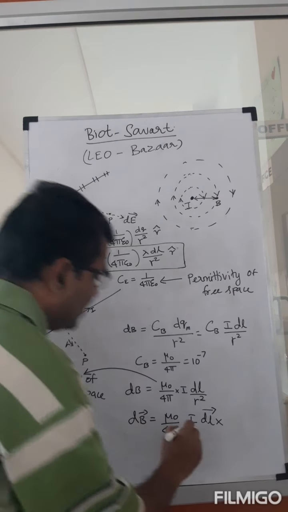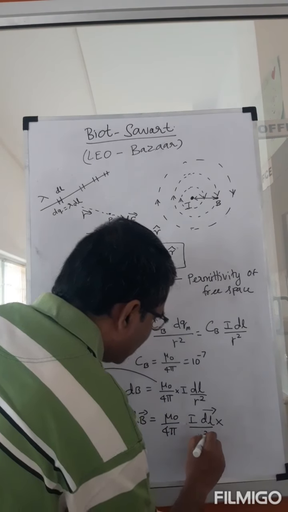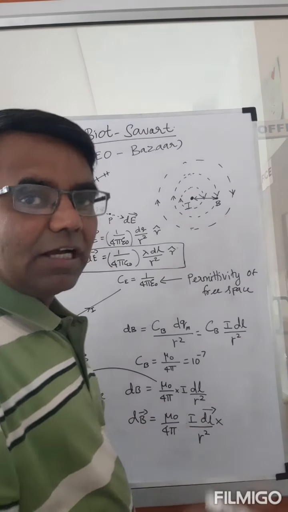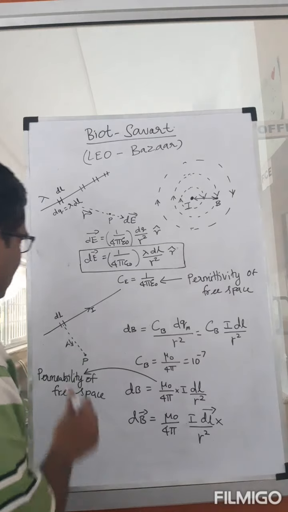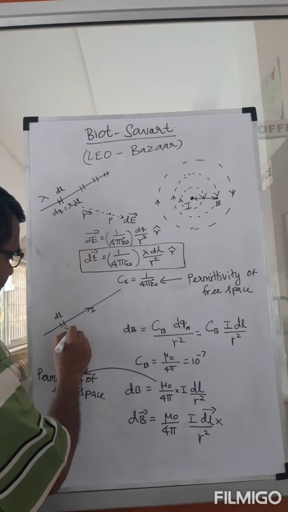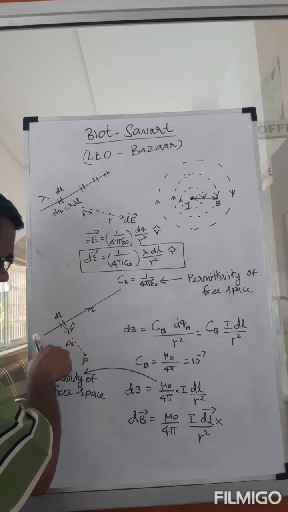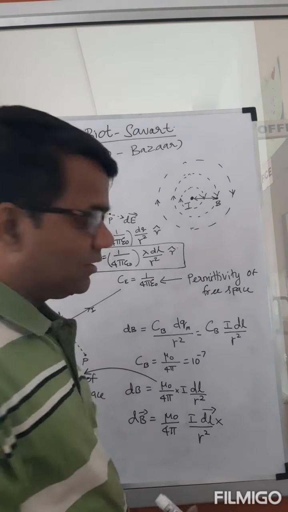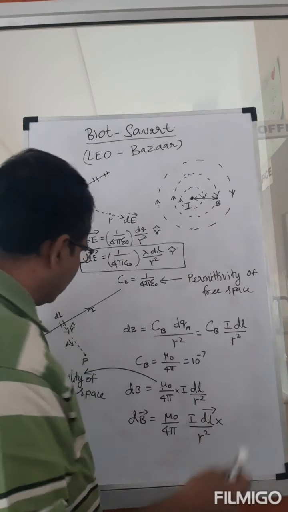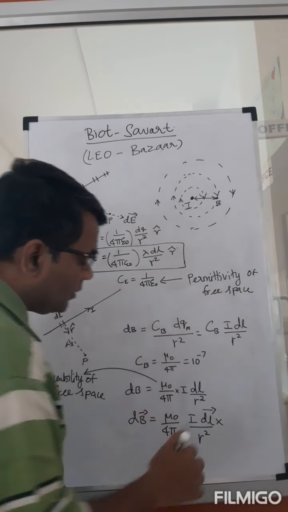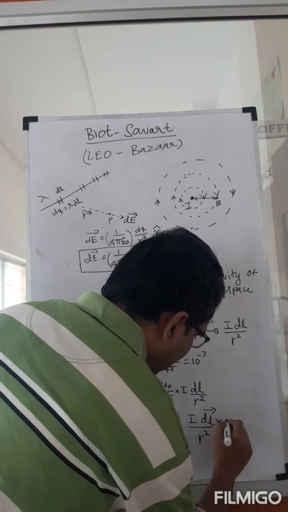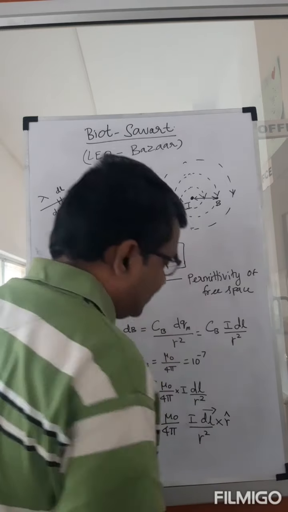Ideally R square, but what do I need here? I just need the direction. I don't need any magnitude, right? So then I'll take the unit vector along this direction, which is r cap. Not r, but the unit vector along this direction. Then the magnitude does not change, because the magnitude of r is 1. So this is going to be r cap.